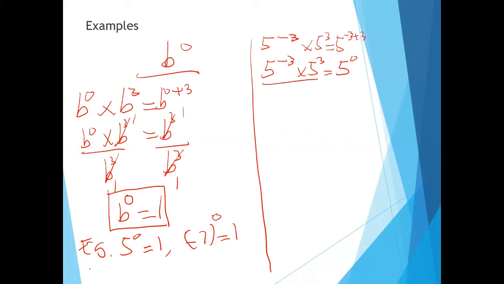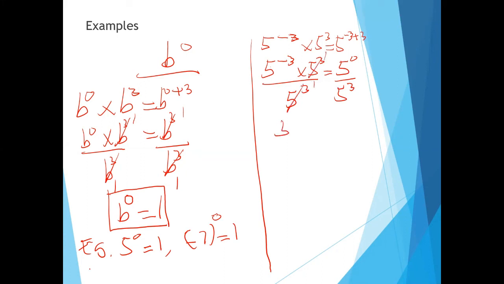Now, we want to divide both sides by one of the values. So what we are going to do is that we try to find one of the values and we divide both sides by that. And so when we do that, we actually get our value. So we are going to divide this side by 5 raised to the power 3 and then 5 raised to the power 3. Now this divides that and this divides that.